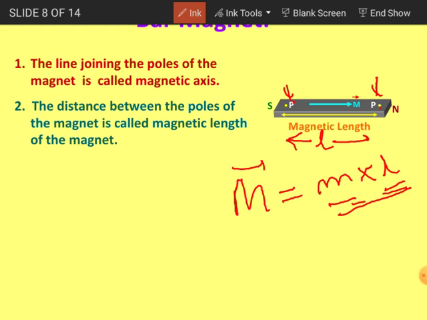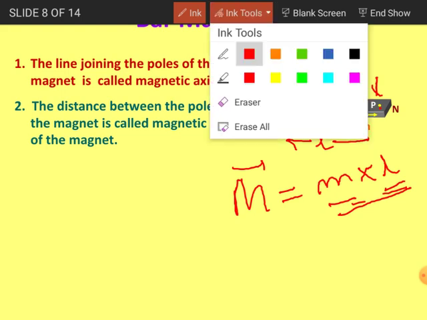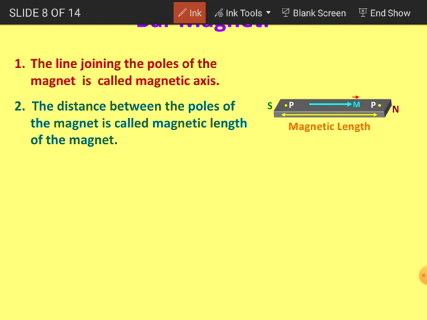Dipole moment is a vector quantity, and it has a direction. Its direction will be from the south pole to the north pole. Now let's see.